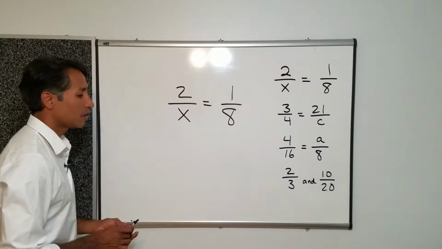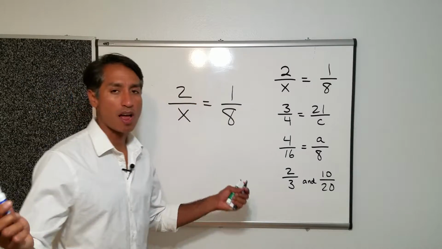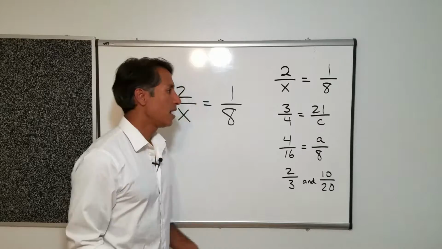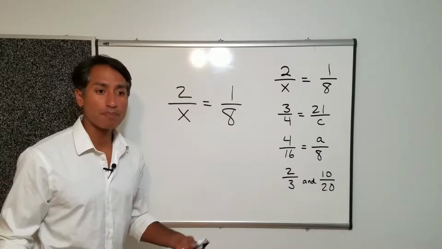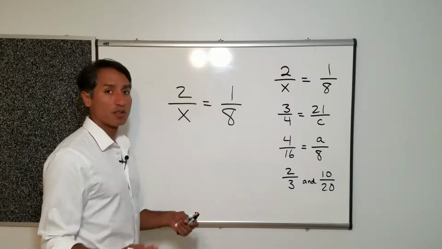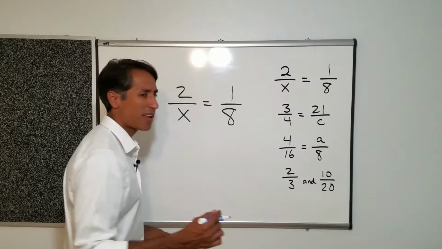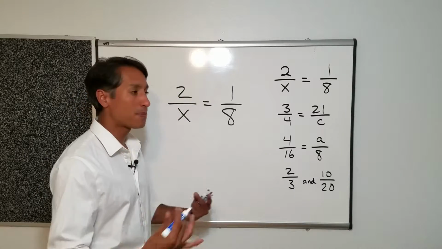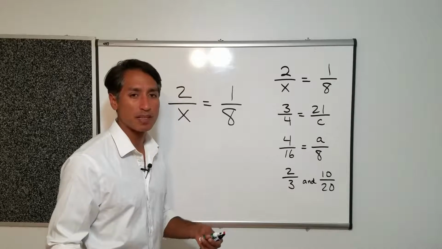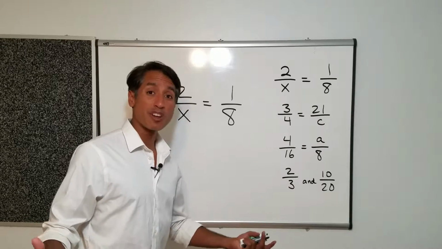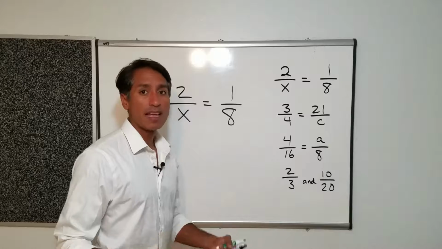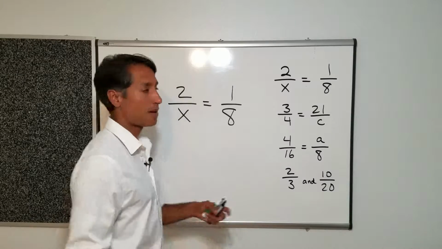So let's use the cross-multiplying, cross-products, whatever you want to call it, method. It's very reliable, and yes, you can use other methods as well. I'll talk through those, but I prefer cross-multiplying, maybe because it's how I was taught, but it just seems very reasonable. It's quick, efficient, and gets the job done.